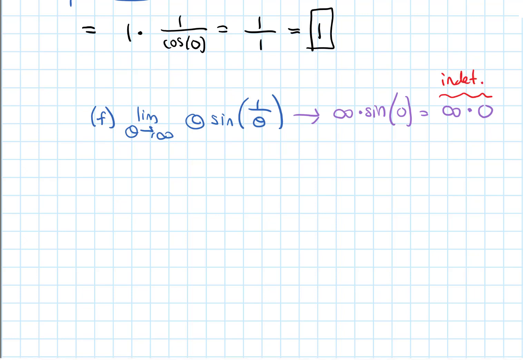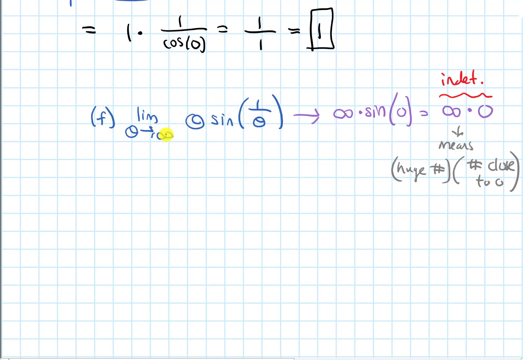The reason why it's an indeterminate form is that when we write infinity times 0, the infinity means we have a huge number. It just means it's getting really, really big. And when we write 0, it doesn't mean it's actually 0. It means it's getting close to 0. Maybe I should say it's a number that is close to 0.